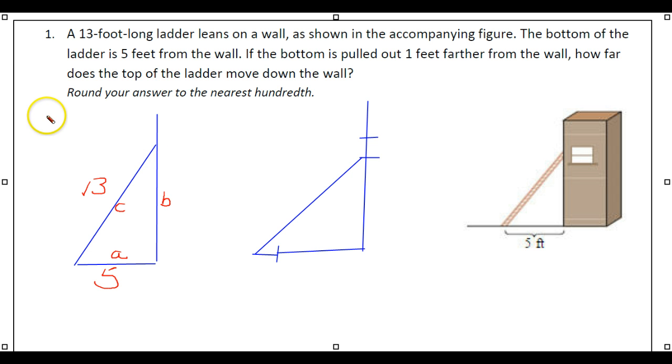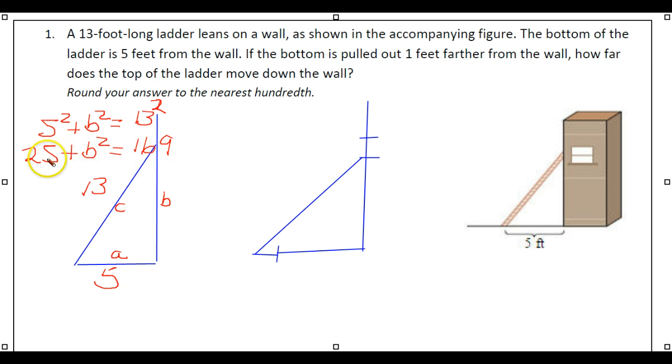So we say A squared, which is 5 squared, plus B squared equals C squared. So this is going to be 25 plus B squared equals 169.